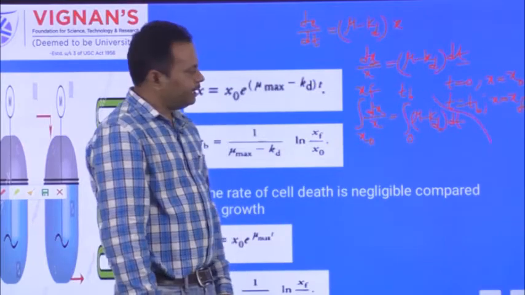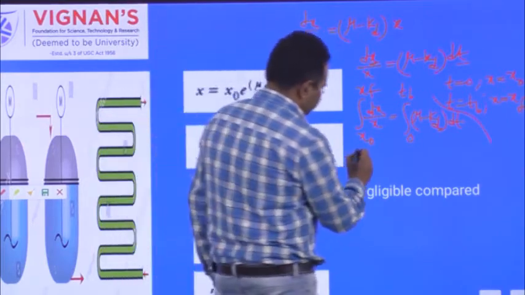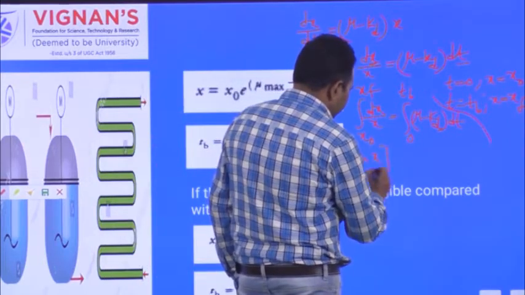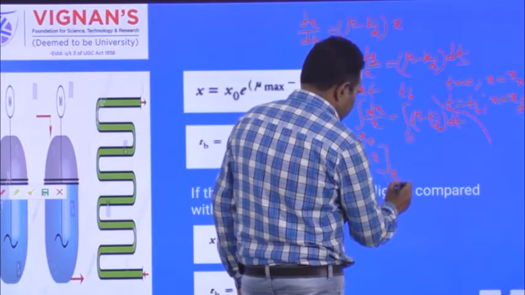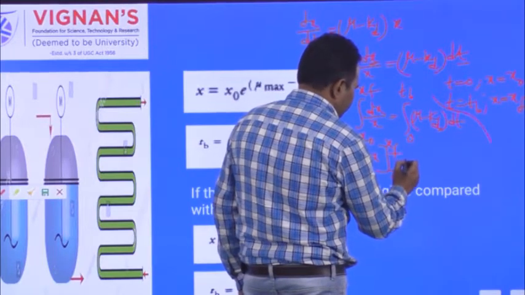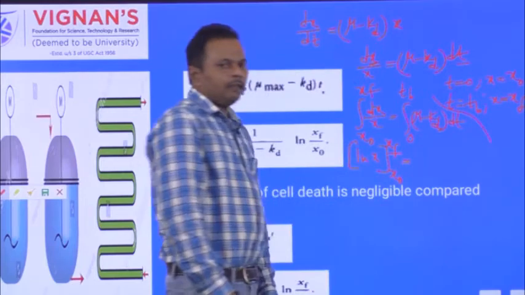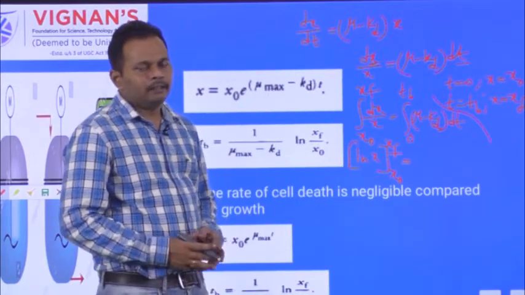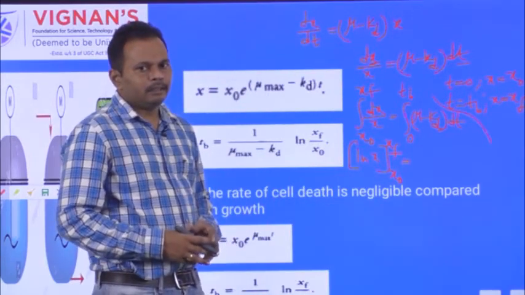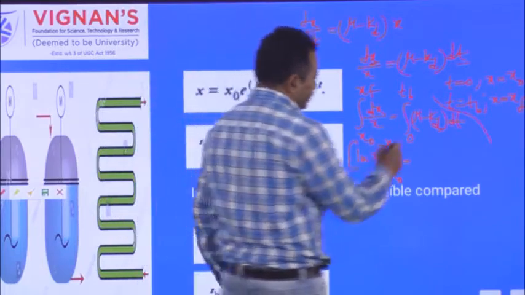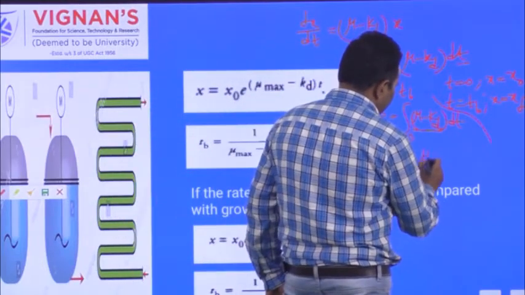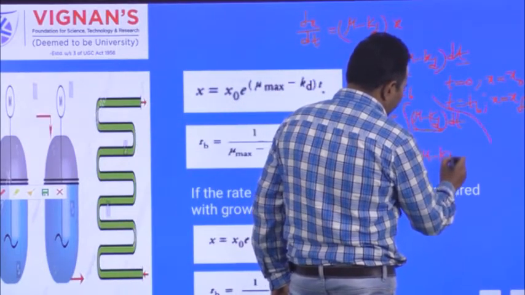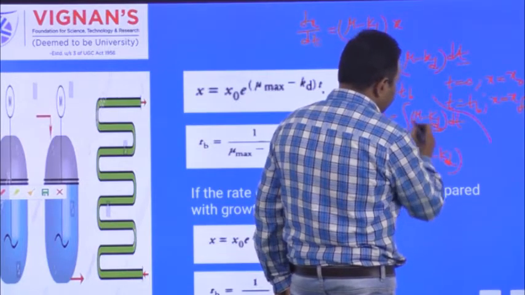On the left hand side, integral dx by x is ln x, with lower limit x naught and upper limit xf. Since mu and Kd are both constant, you can take mu minus Kd out of the integral. What is integral dt?